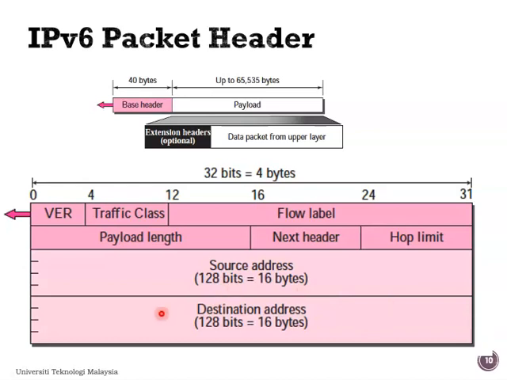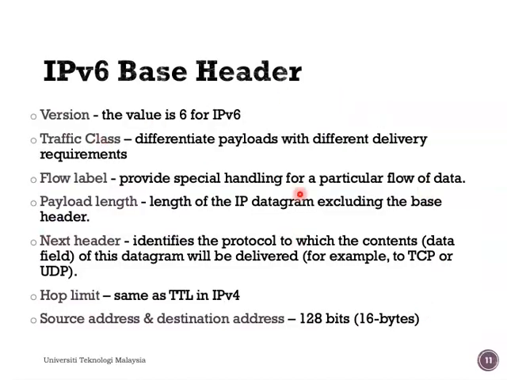However, if source routing is used, the destination address will contain the address of the next router. After this, I will explain what the source route means. Basically, this is what I have explained before, so you can read one by one the explanation on the IPv6 base header.